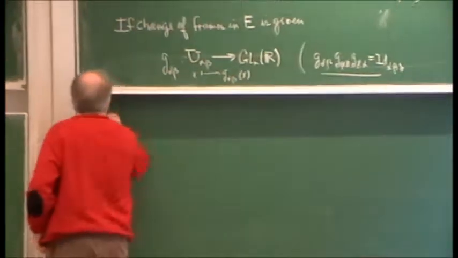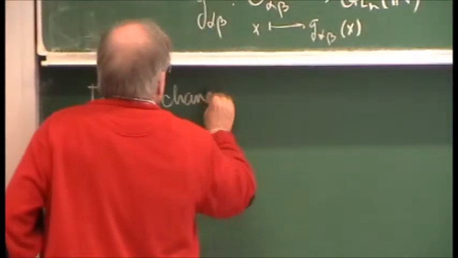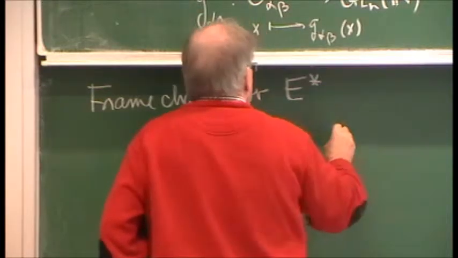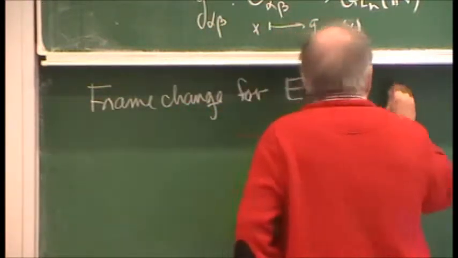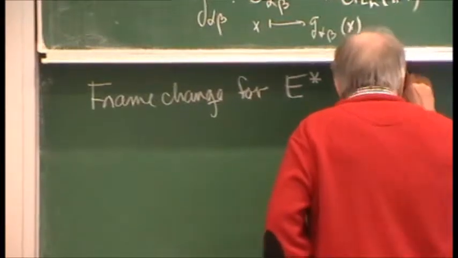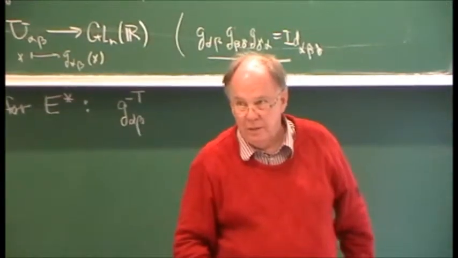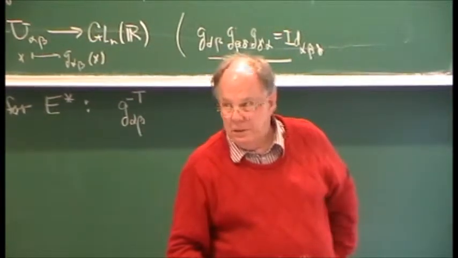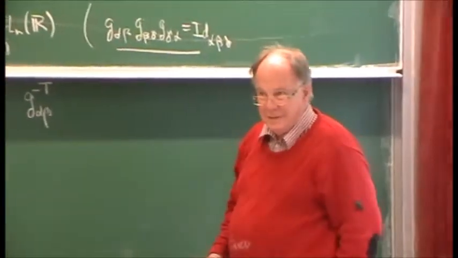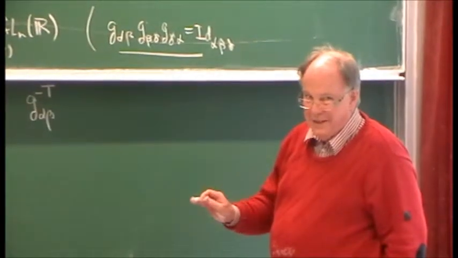And the frame change for E dual is, if you write it down, G alpha beta transpose inverse. Do you understand why that is?